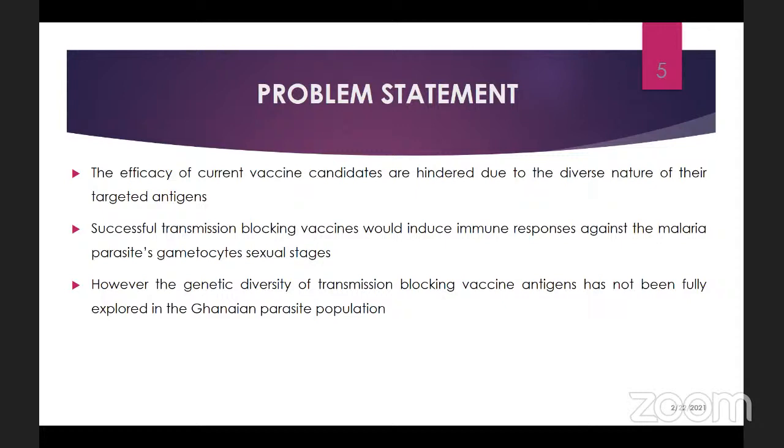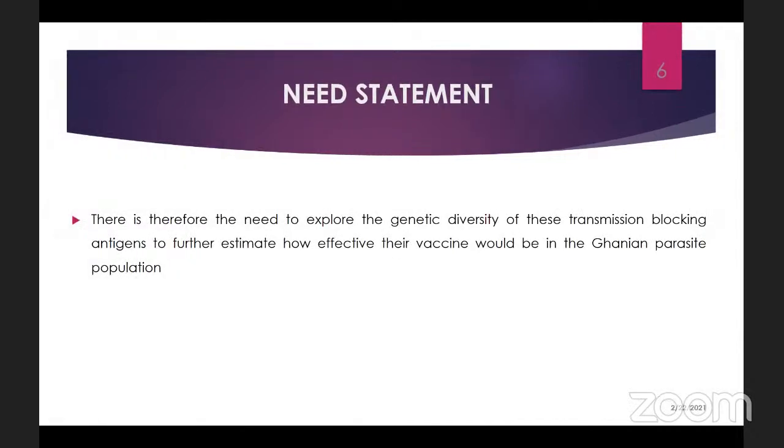However, the genetic diversity of transmission blocking vaccine antigens has not been fully explored in the Ghanaian population. So there is the need to explore the genetic diversity of these transmission blocking antigens to further estimate how effective vaccines will be if they target those antigens.